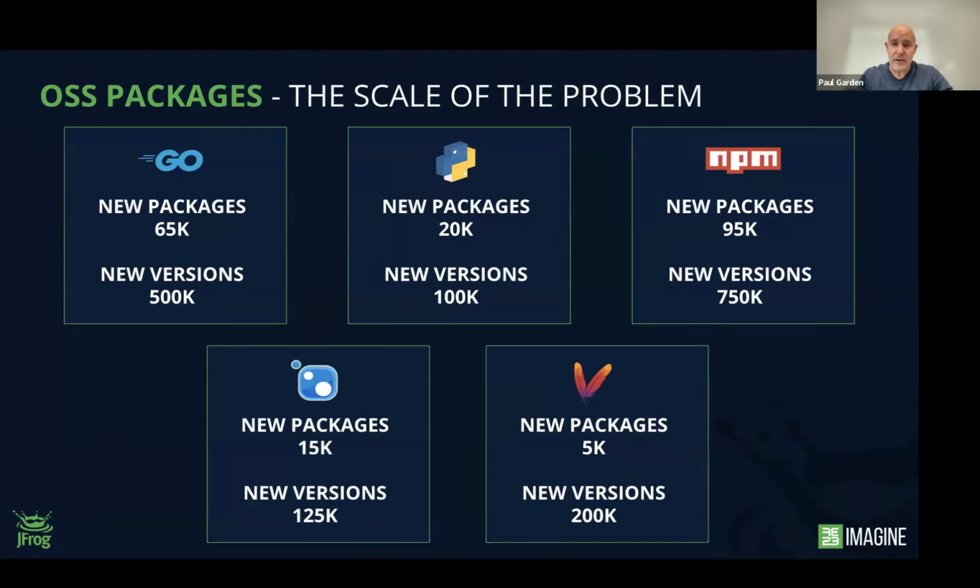That's nearly 100,000 just new package types. Then on top of that, there's 750,000 new versions. So that means someone's gone in, they've changed the code, they've added something, modified it, and then they've checked in a new version. So that in itself is nearly 1 million new things to try and take into comprehension.